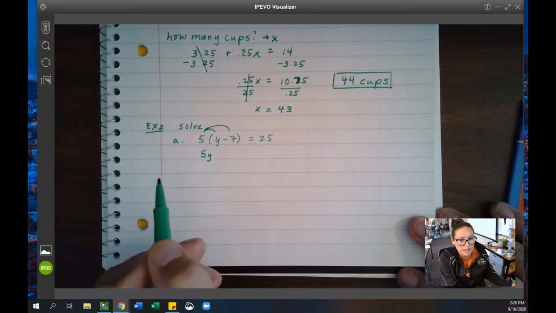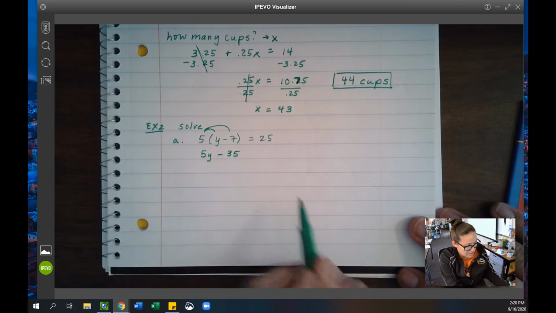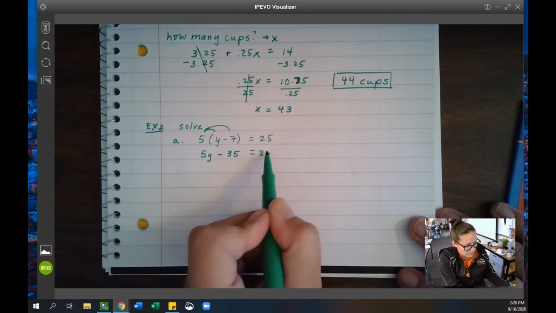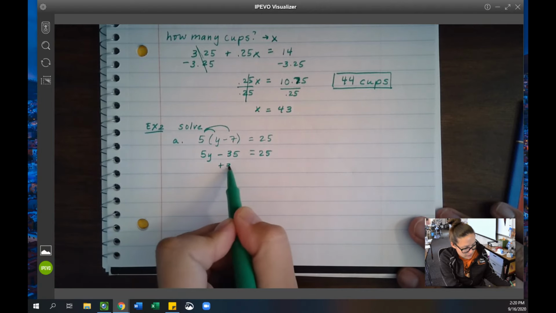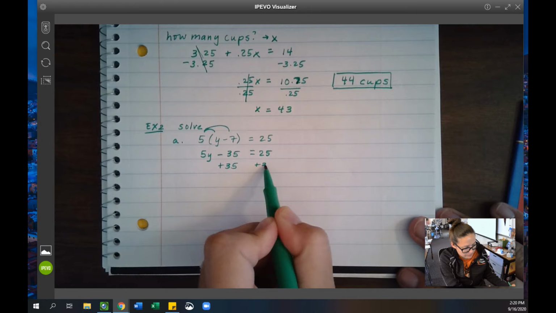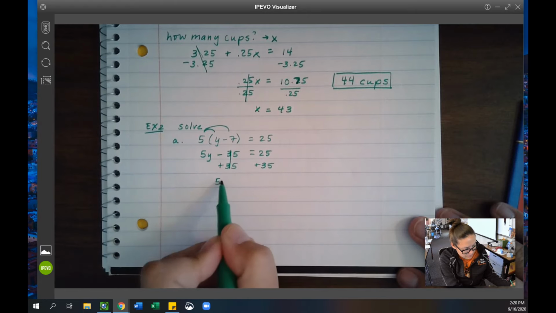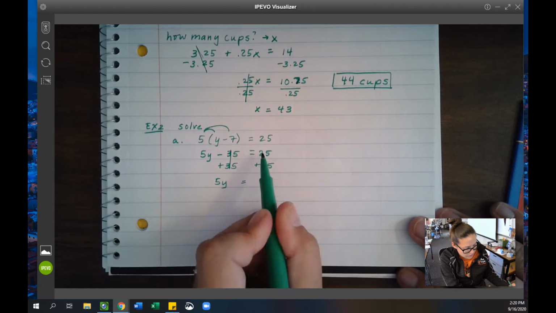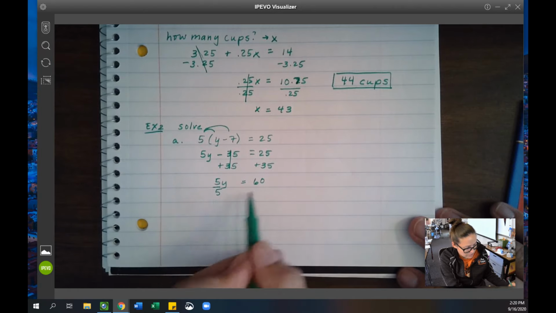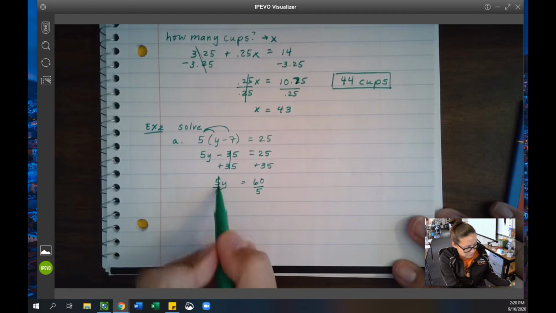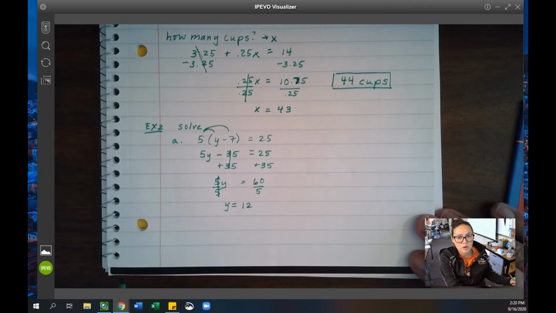So 5 times y is 5y. 5 times 7 means I have minus 35. And now I can solve it from here. So I'm going to add 35 to both sides. 25 and 35 is 60. Now I'm going to divide by 5. And we get y equals 12.